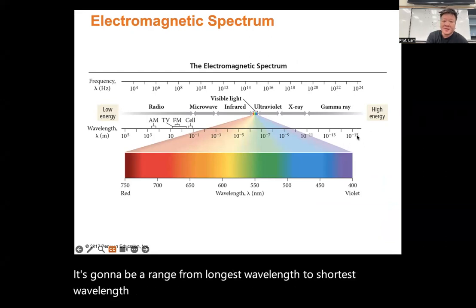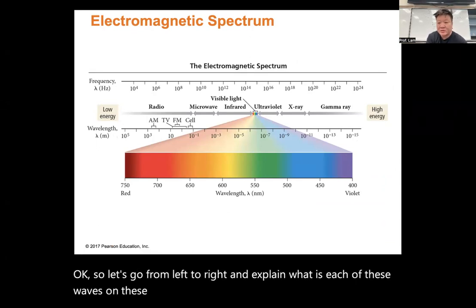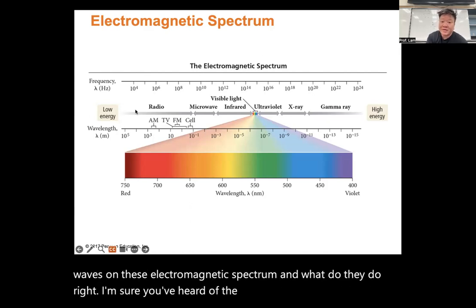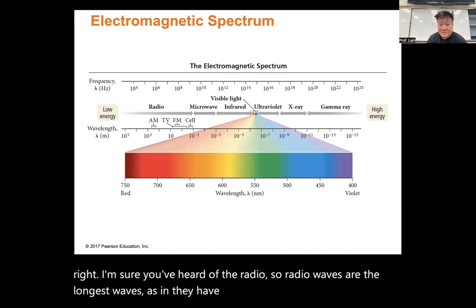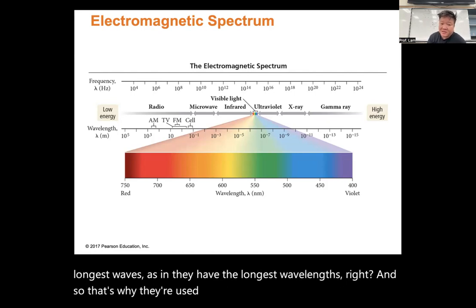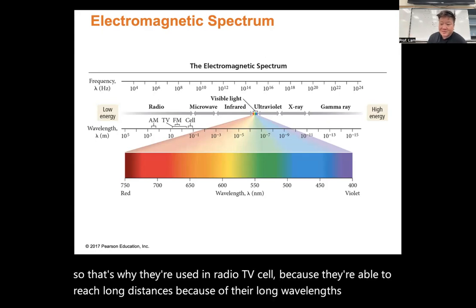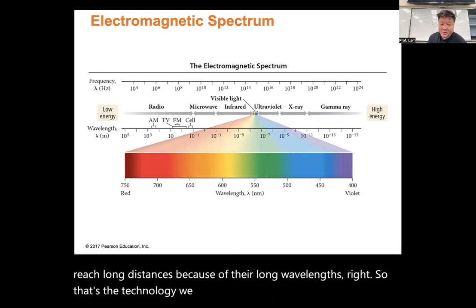Let's go from left to right and explain what each of these waves is and what they do. I'm sure you've heard of the radio. Radio waves are the longest waves, as in they have the longest wavelengths. That's why they're used in radio, TV, and cell, because they're able to reach long distances because of their long wavelengths. So that's the technology we use radio waves for: telecommunications.